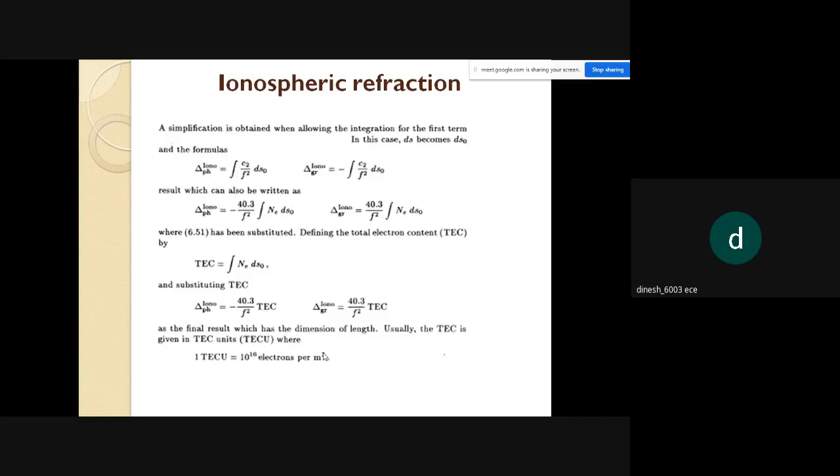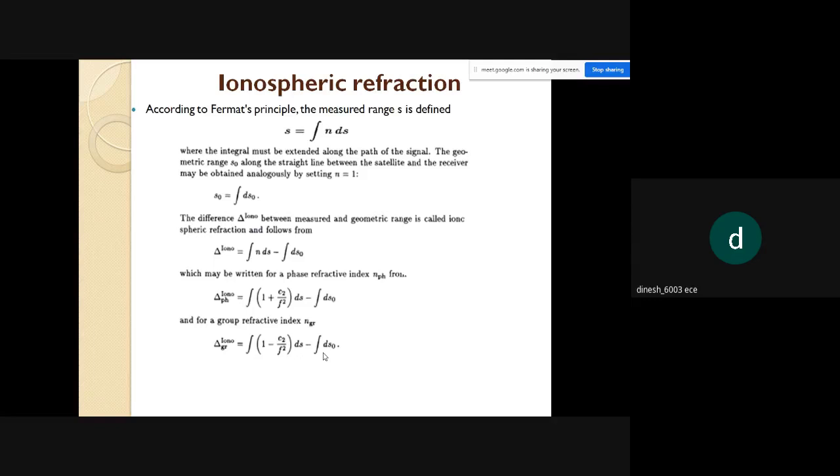So next is a simplification method to obtain the integration of the first term. In the first term, what do we have? For phase velocities, the ionospheric refraction is the integral of 1 plus c2 by f squared into ds minus ds naught.